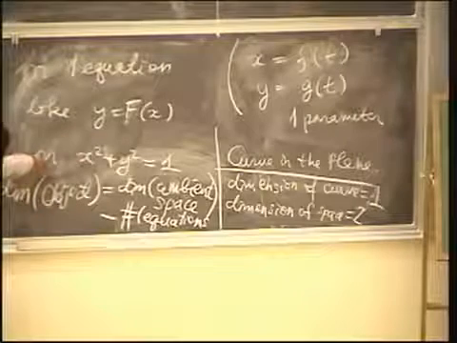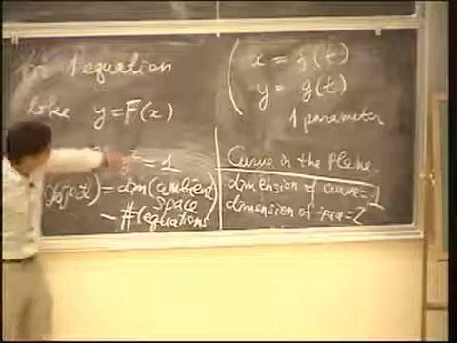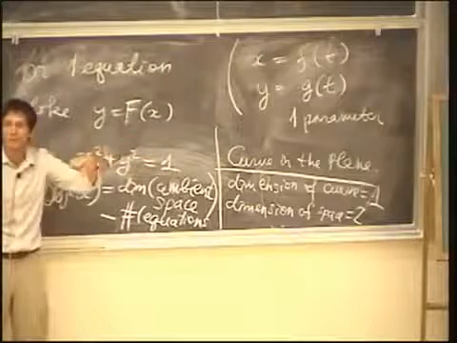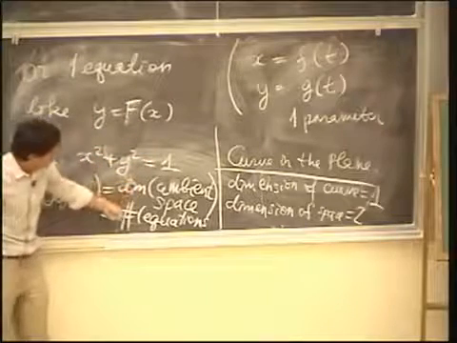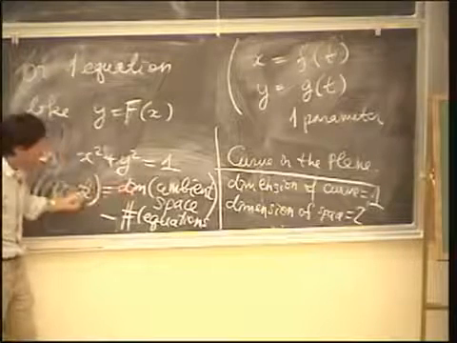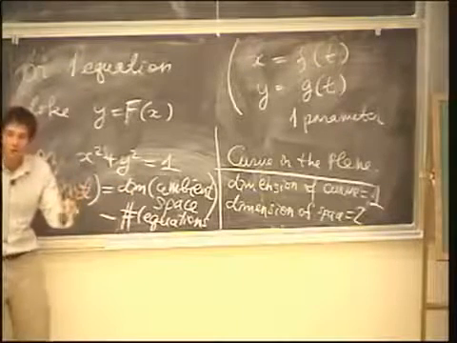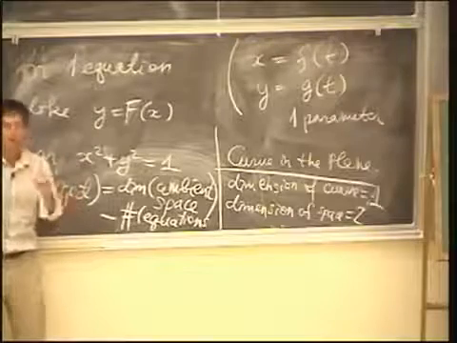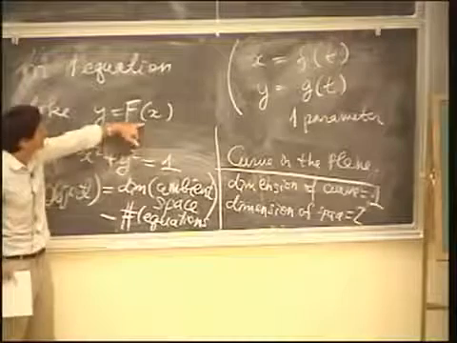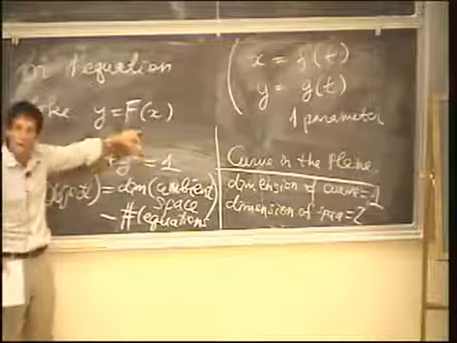In this case, we have dimension 1, which is equal to 2, the number of variables x and y, the dimension of the ambient space, the plane. So we have to subtract 1 to get down from 2 to 1. That means that the number of equations for a curve on the plane has to be 1. That's why a circle is given by one equation, x squared plus y squared equals 1. That's why the graph of a curve is given by one equation, y equals f of x.